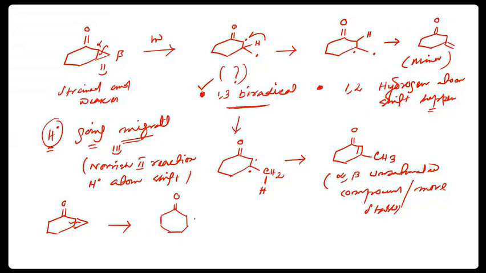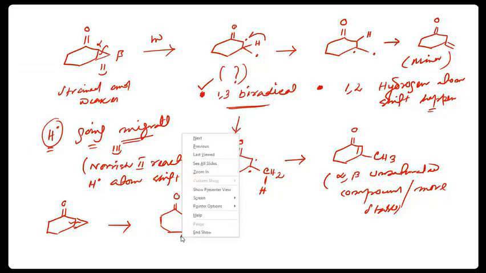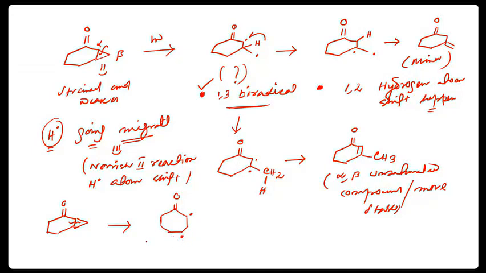So one radical will come at these points, and because of this one, a second radical will come at the 3 position. As we know, it's a 1,3 biradical. So 1, 2, 3, another radical will come here. This is the 1,3 biradical we have identified.